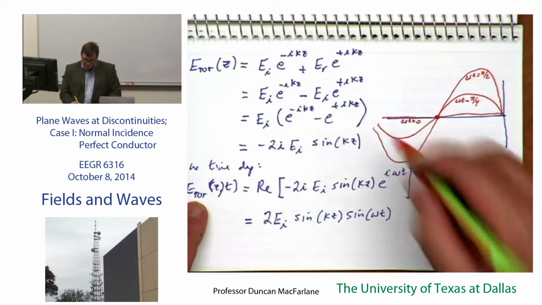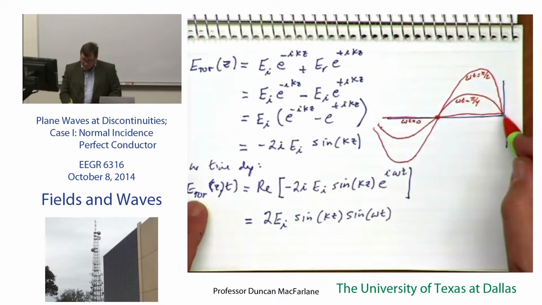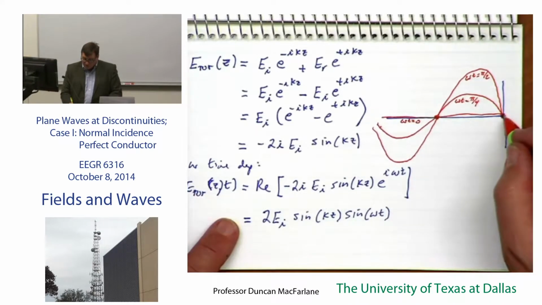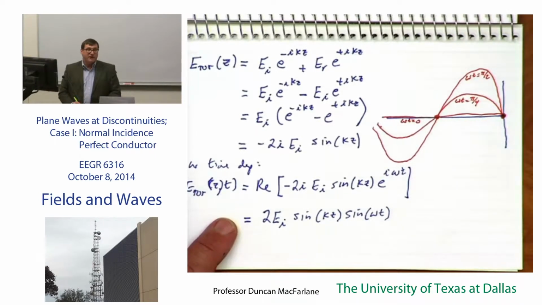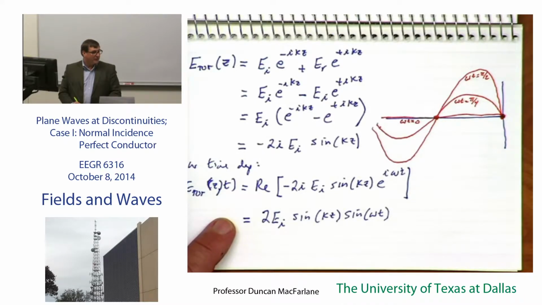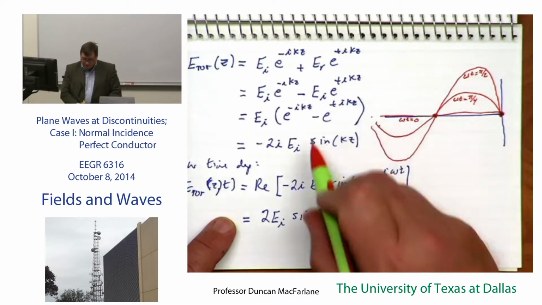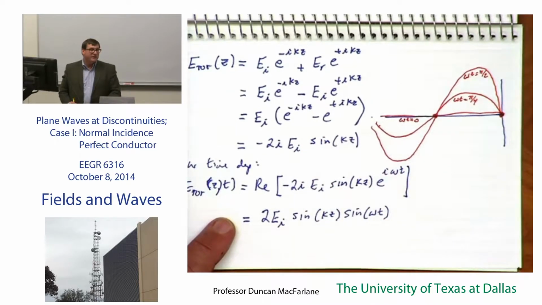Interesting to note, one nice thing is I always satisfy boundary conditions right at the metal surface. And I also satisfy electric field equal to 0 every half wavelength away from that.